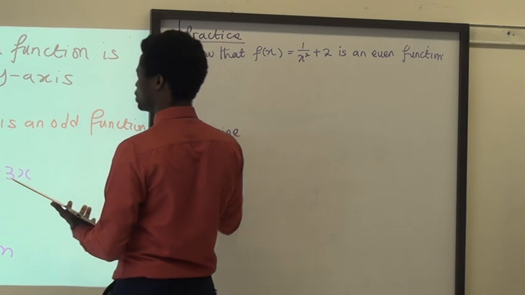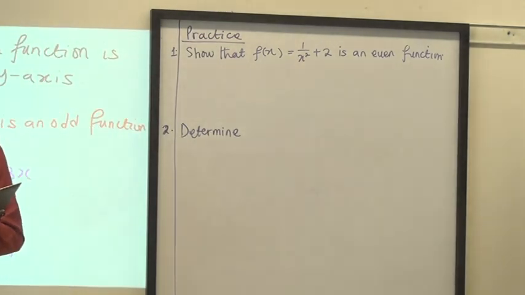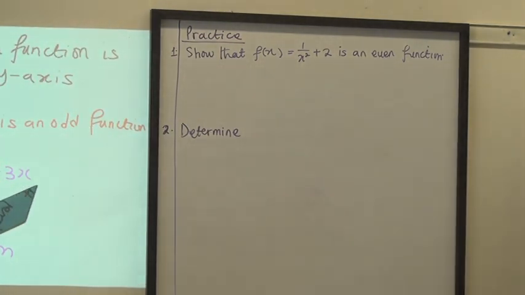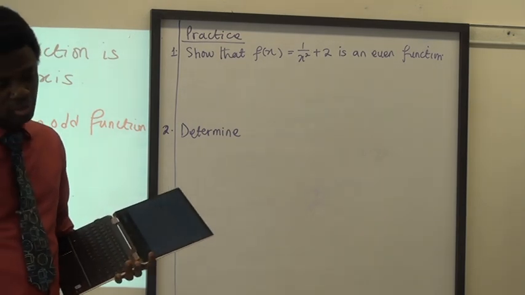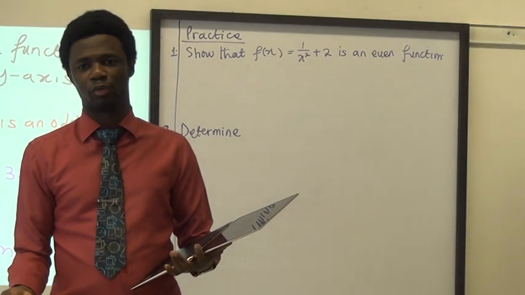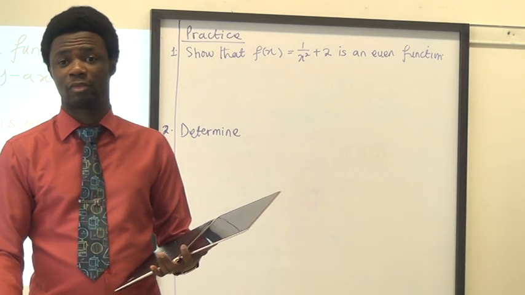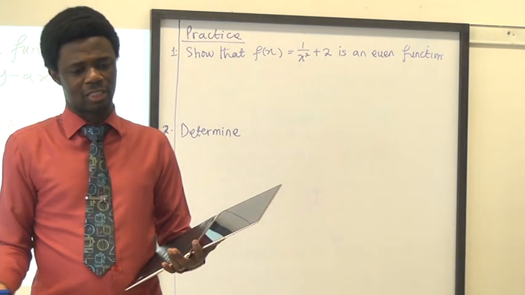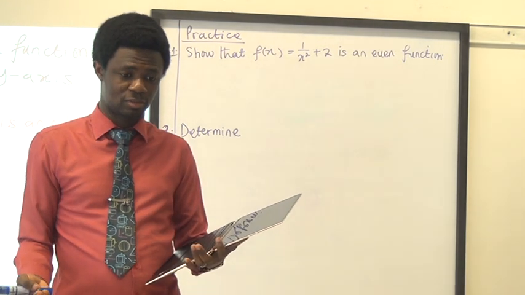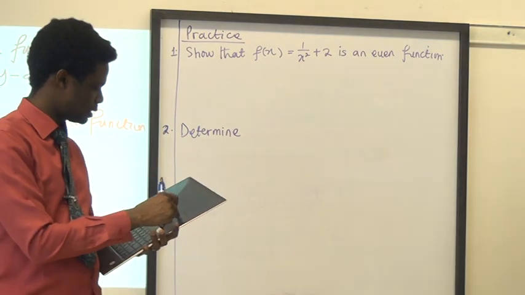It's possible for a function to be neither odd nor even. If you check, your f of x doesn't give you f of minus x, and it doesn't give you minus f, and it doesn't give you f itself, then it means it doesn't meet any of the criteria. So it's possible you have that.